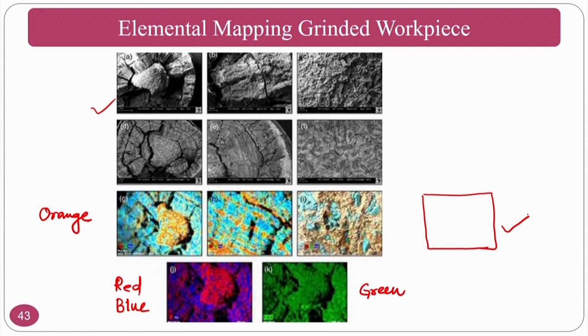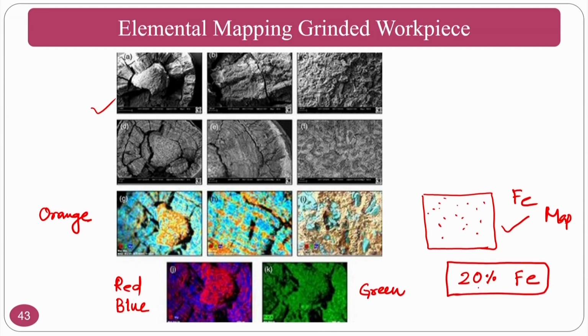But in the previous slide, what you can give is, you can say assume that 20% is iron. In this picture you can map where the points of Fe are. Okay. This is called mapping, and the other comes under EDS, which you can say is the quantitative value. Okay. Both will give you a correct analysis.